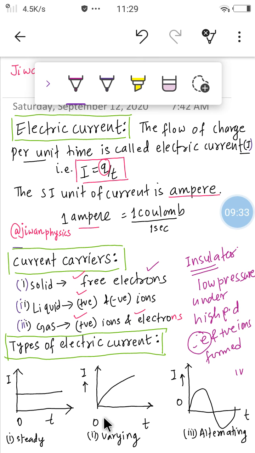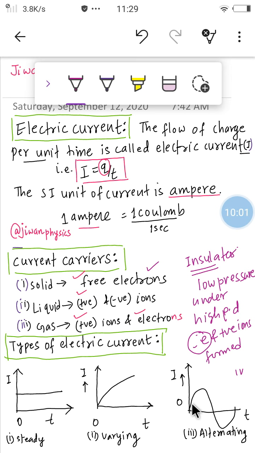As we change or increase time, the magnitude of current goes on increasing, and this is called alternating current. So I shall be discussing alternating current, that is AC current, later on. So in this case, as we change time, the magnitude of current goes on increasing from 0 to maximum, and then to 0, and again to minimum value, and again to 0.